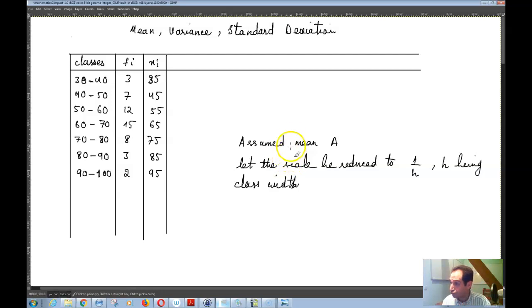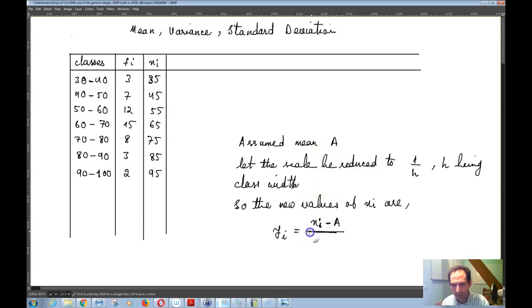So then based on this, the new values of x of i, you can call them y of i. Since this is the assumed mean, you have to subtract it from your x of i's and then divide by the class size so that the number gets smaller.